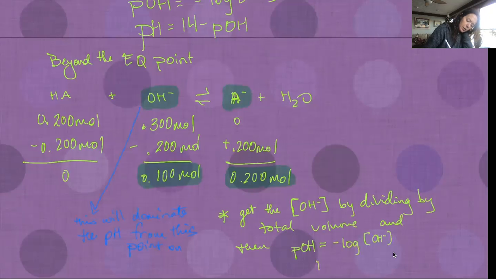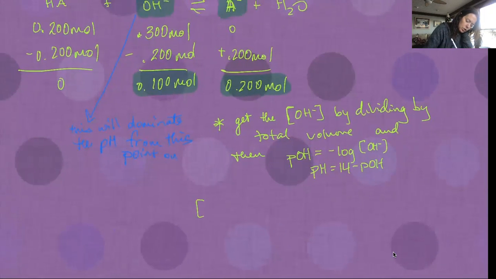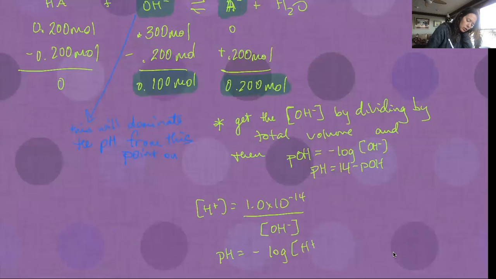And then the pH equals 14 minus pOH. Or you could say that H equals 1.0 times 10 to the negative 14th over OH, and then the pH is equal to the negative log of H. So you've got some options there.